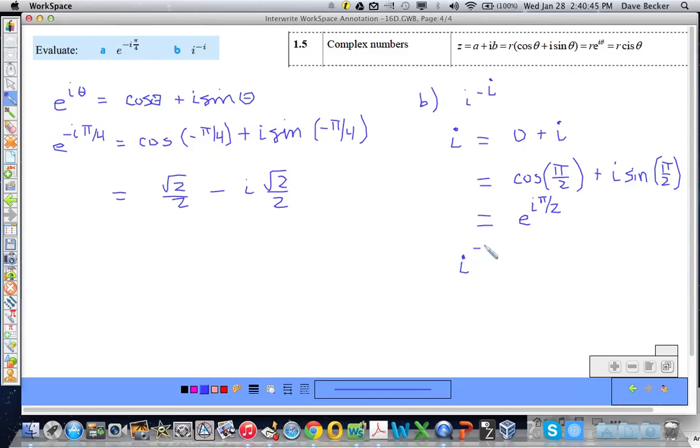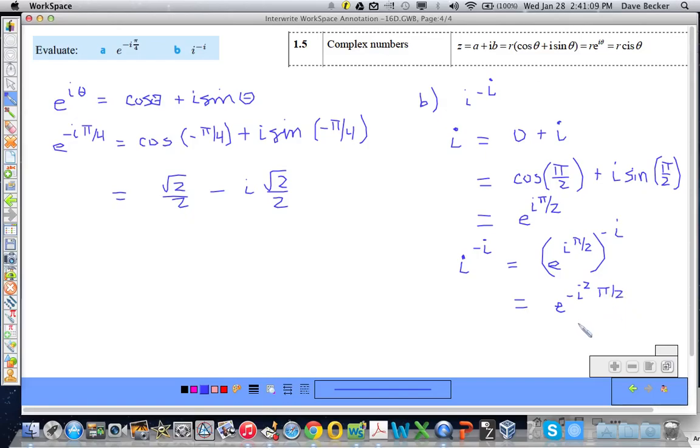Ooh, that's weird. i to the negative i would be equivalent to e to the i times pi over 2, yes, to the negative i, correct? And what does that do? Well, that is equal to e to the negative i squared pi over 2.